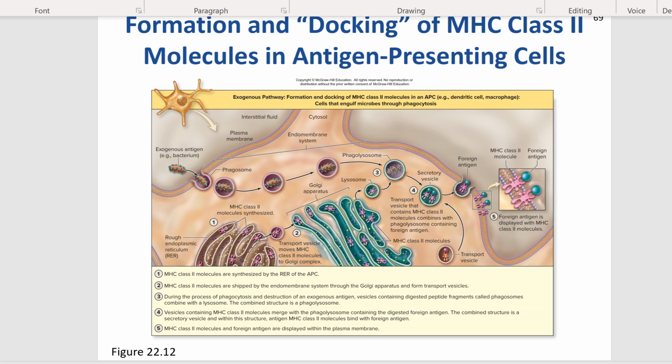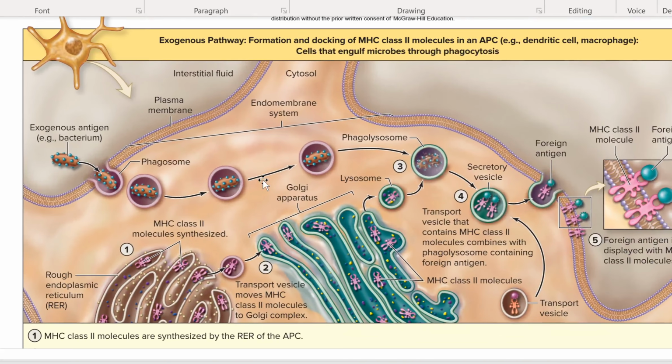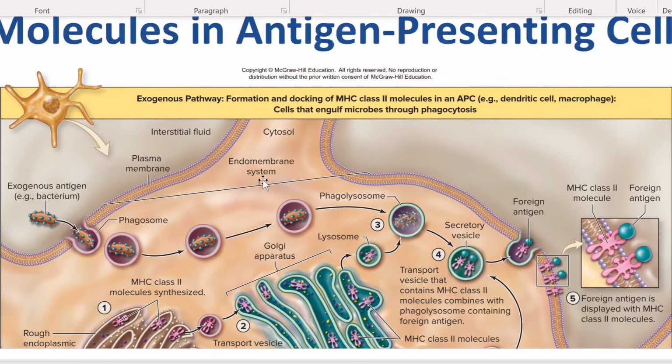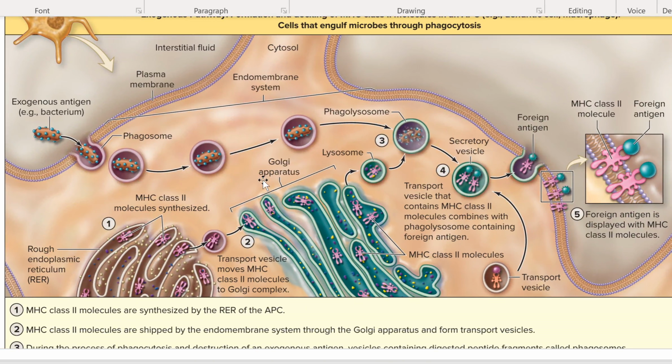So formation and docking of the MHC class 2 molecules in antigen presenting cells. You can see a similar thing going on here. Let's expand this. Here you can see that the antigen from the bacterium comes into the cell and gets broken down into pieces in the phagolysosome, which combines with the transport vesicle and the secretory vesicles.